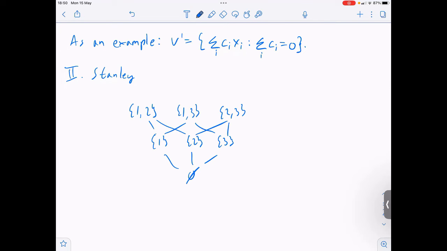And the idea is that we can think of a polynomial as just giving coefficients for some functions. So this is the coefficient of 1, this is the coefficient of x1, this is the coefficient of x2, x3, and so on. So in other words, another way of representing a polynomial is by giving weights to the elements in the subset lattice.